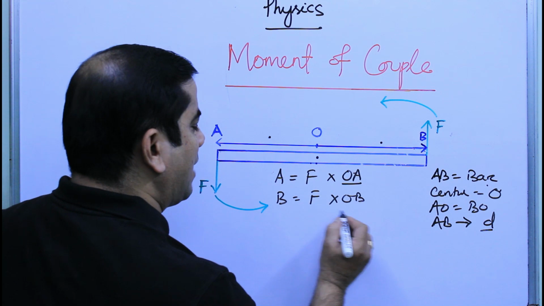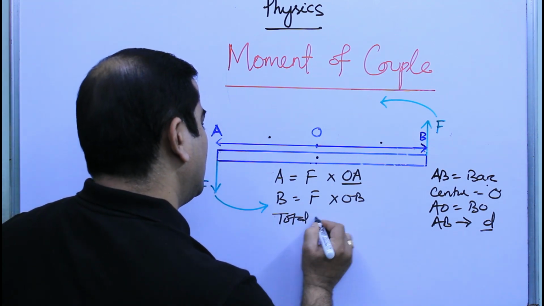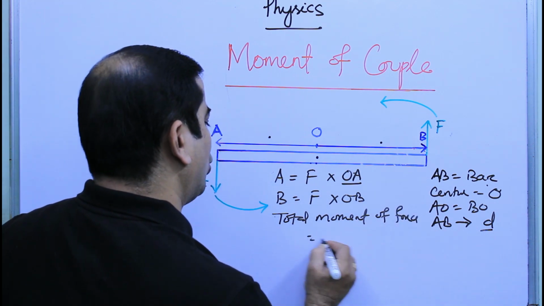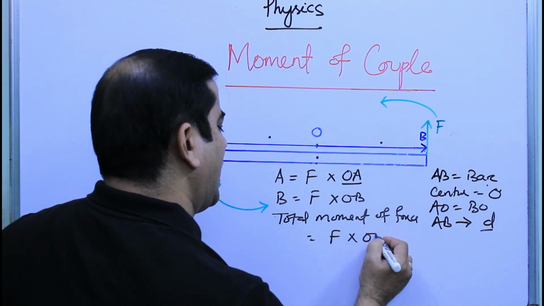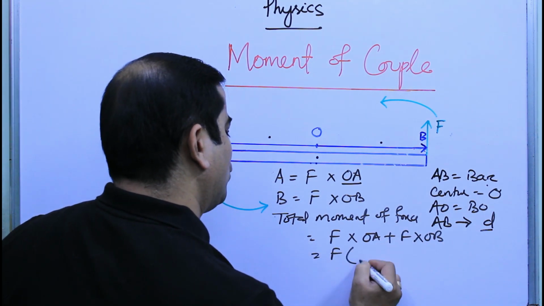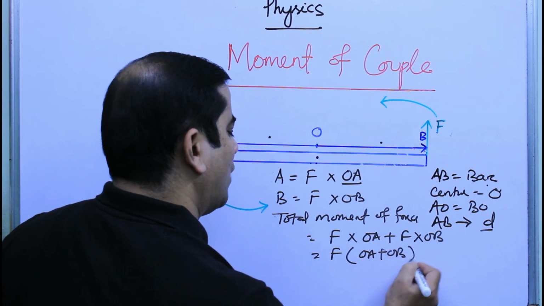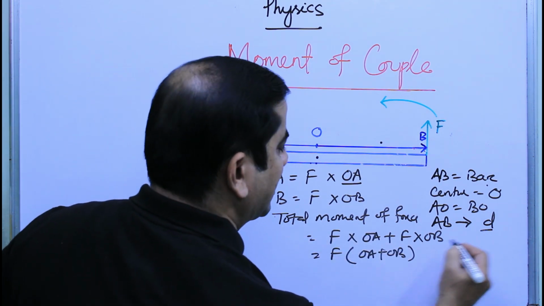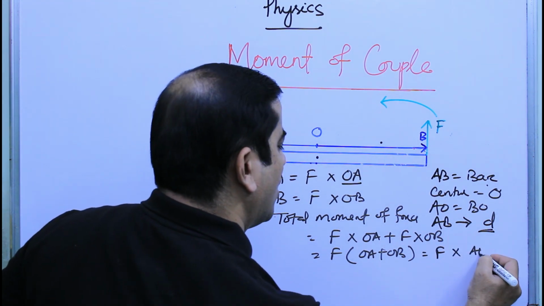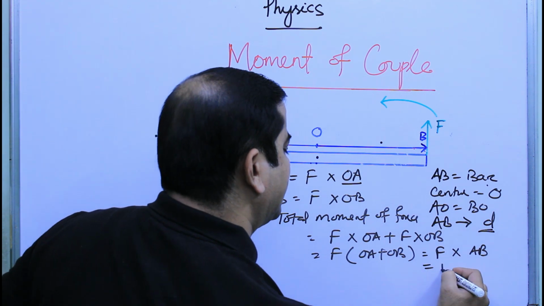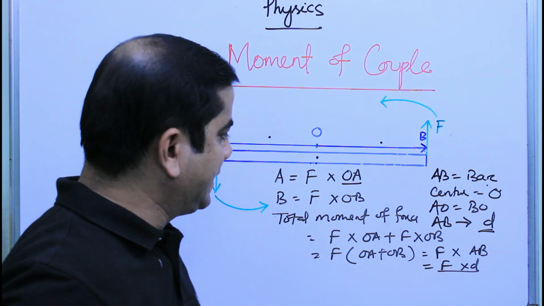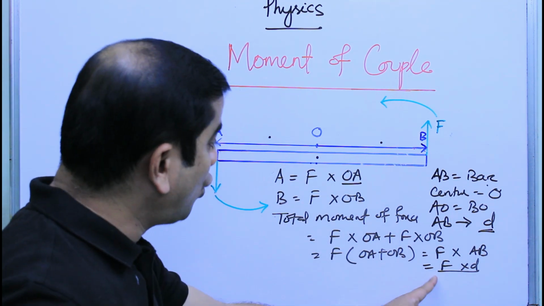So total moment of force is equal to F into OA plus F into OB, that is F into (OA plus OB). What is OA plus OB? That is nothing but D, isn't it? So it is F into AB, which we have represented as D. So F into D.